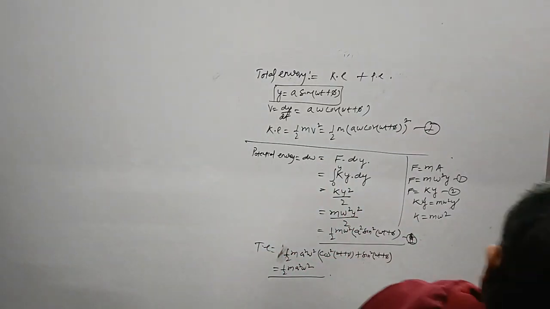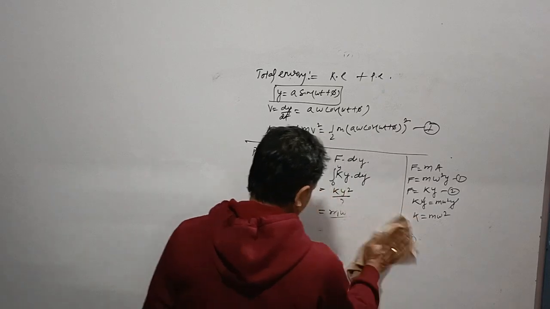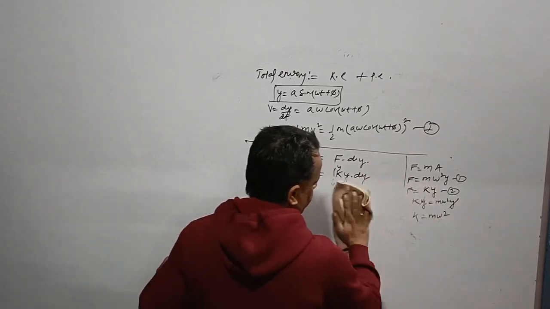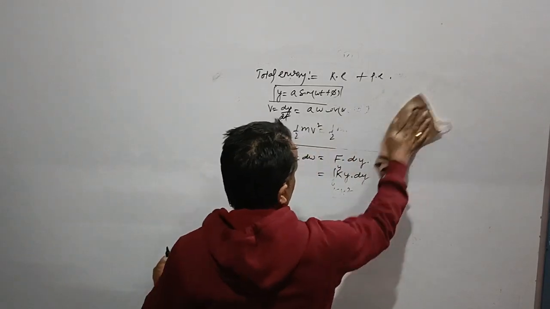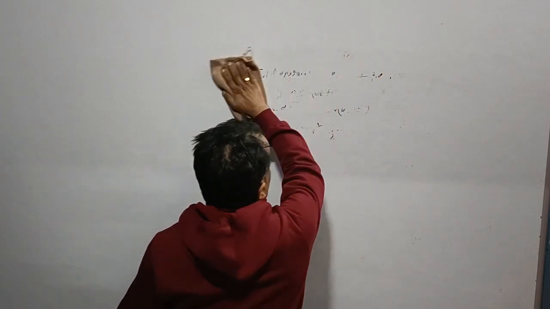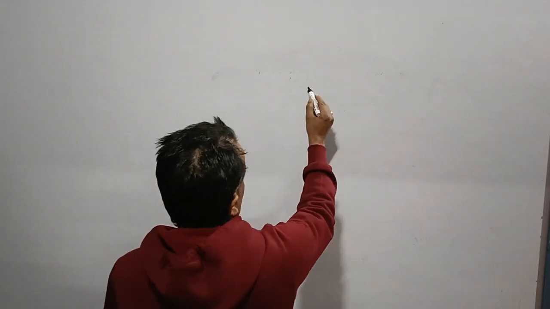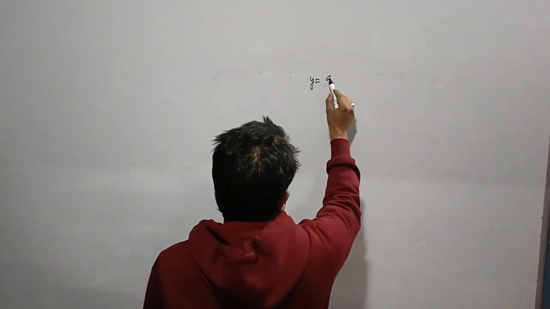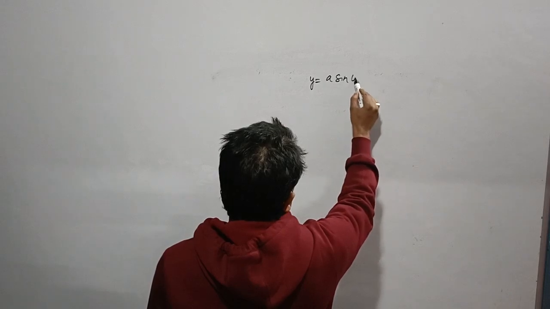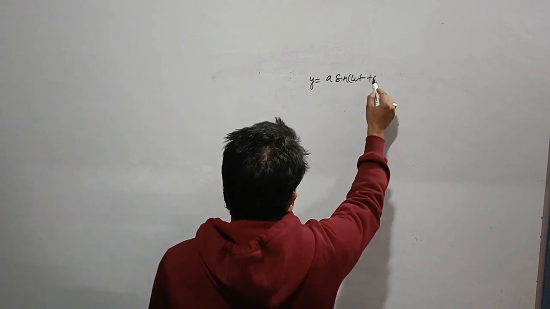Then we'll go for another format for velocity and acceleration, that is y is equivalent to a sine omega t plus phi. Let us suppose this.